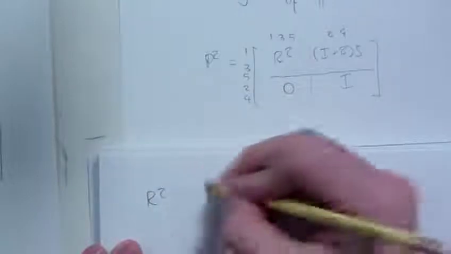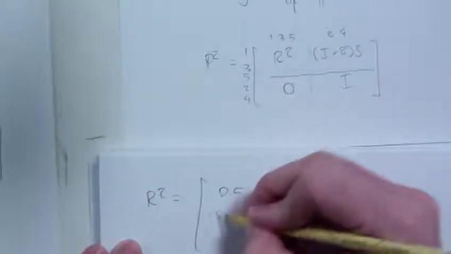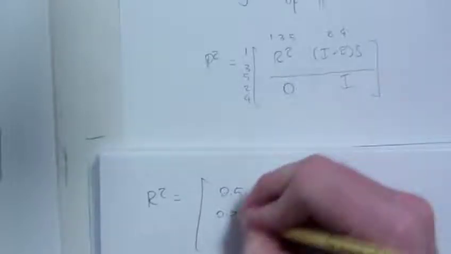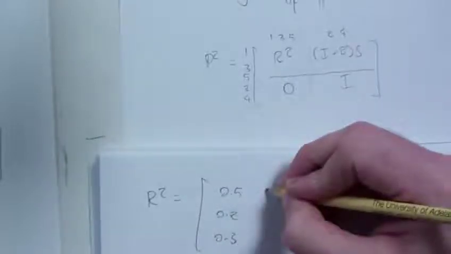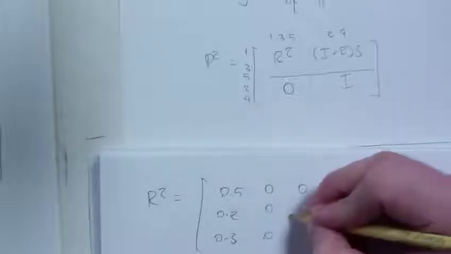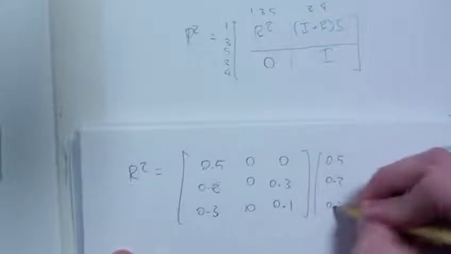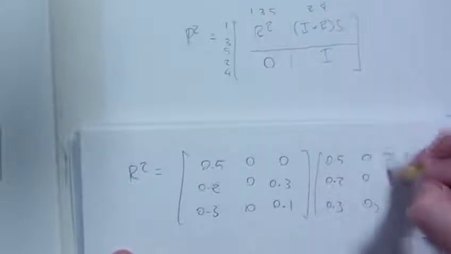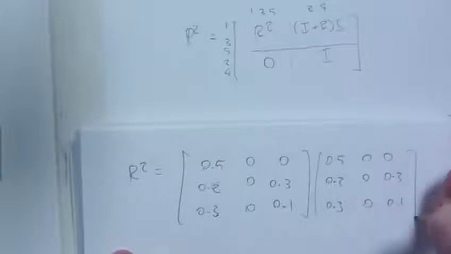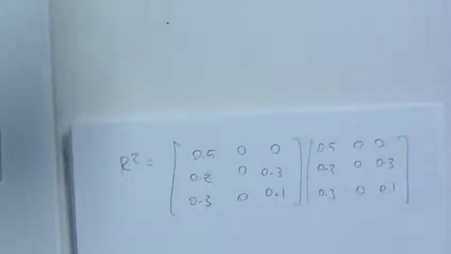Okay, so R squared is 0.5, 0.2, 0.3, 0, 0, 0, 0, 0.3, 0.1. And I'll multiply that out and see what I get. I mean, technically I don't even need to do the whole matrix, I just have to figure out the exact one that I want.